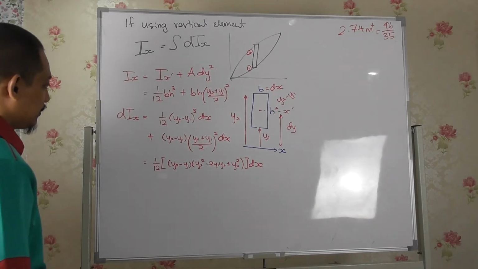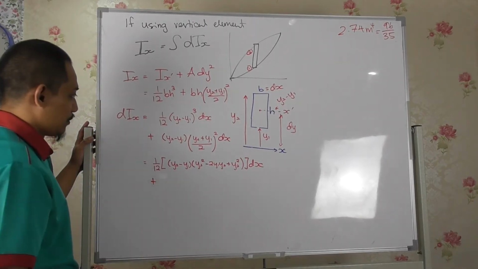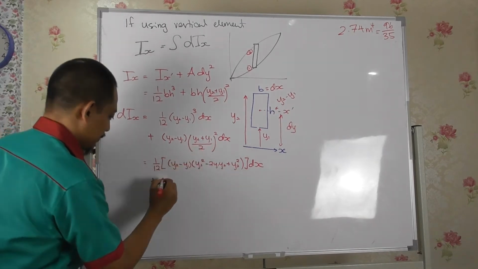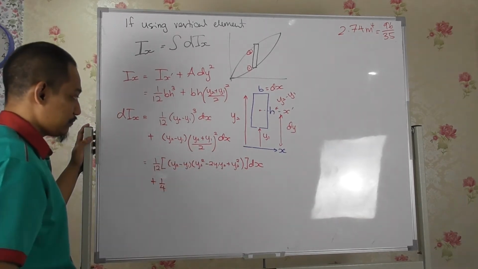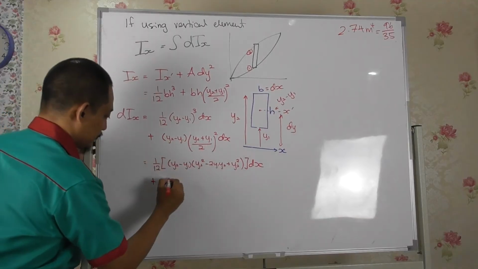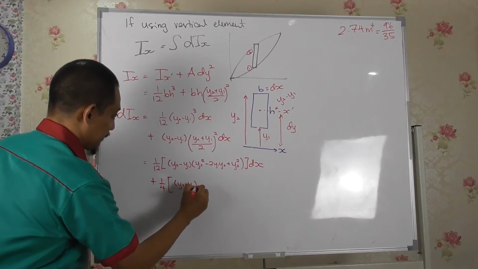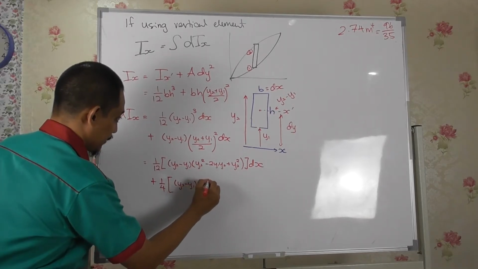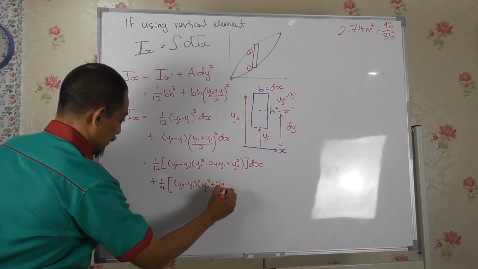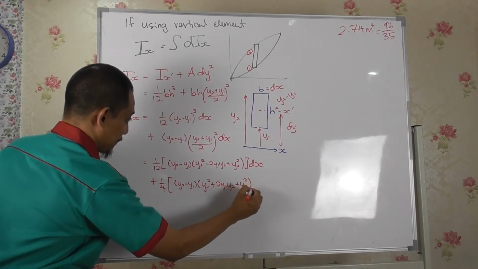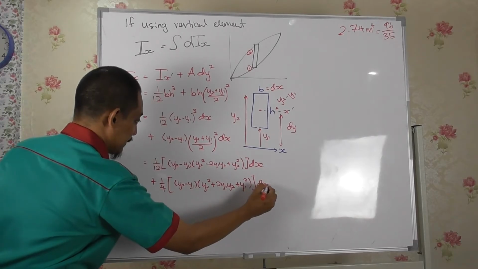And then plus, we take 1 over 2 outside, and because there's a square it becomes 1 over 4 outside. Inside we still have y2 minus y1, then y2 square plus 2 y1 y2 plus y1 square, and then dx.